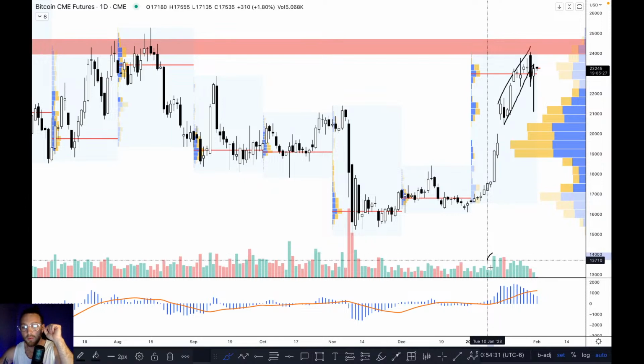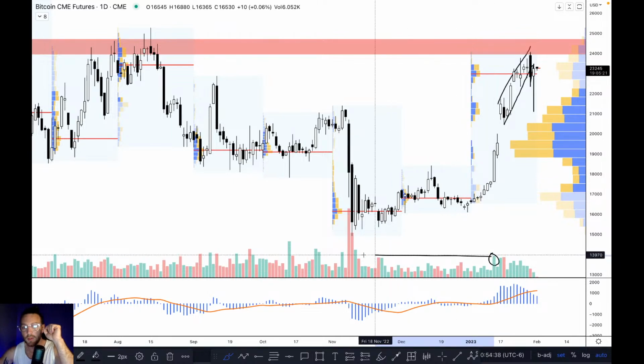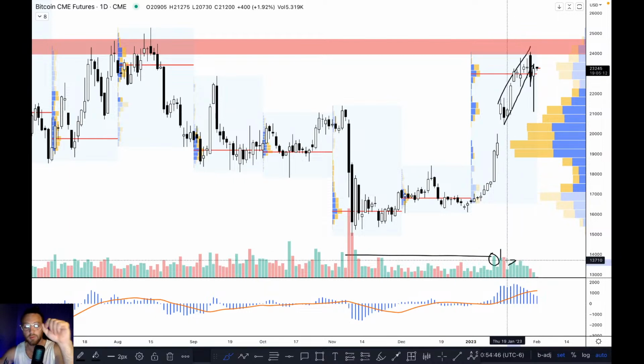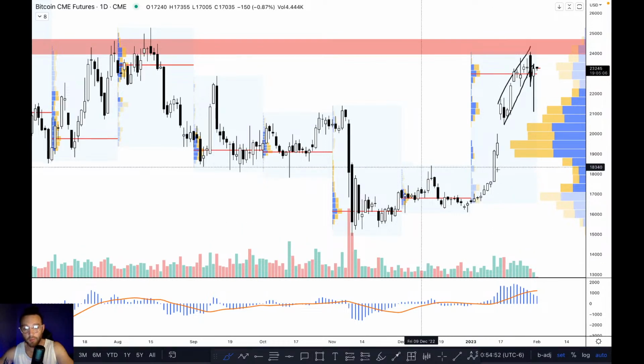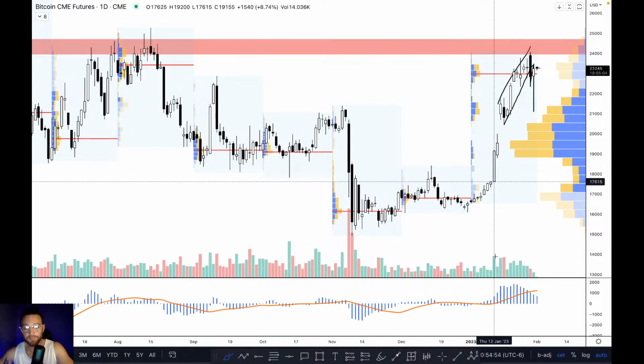This was one of the highest volume days since the FTX dropout. And then we had another big high volume day, and then we have had some good volume up here. So the volume is very good, I would say, to the upside. Once we broke this, there was good volume.